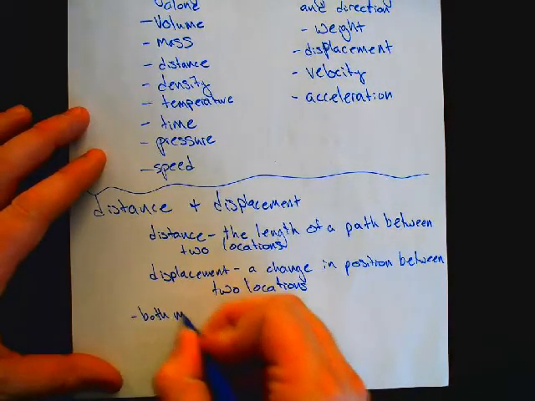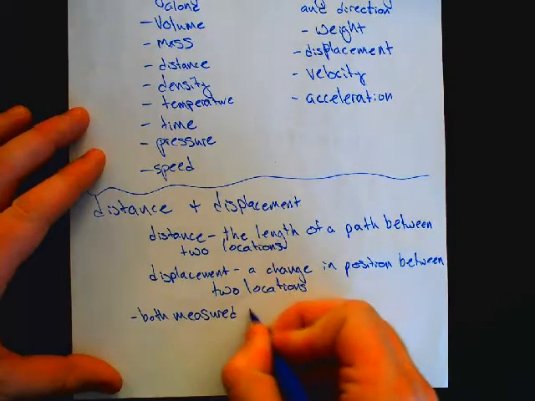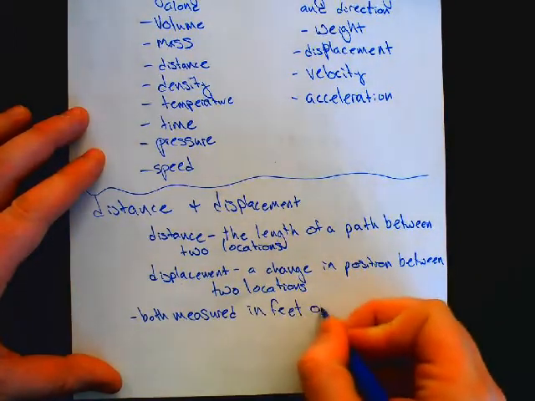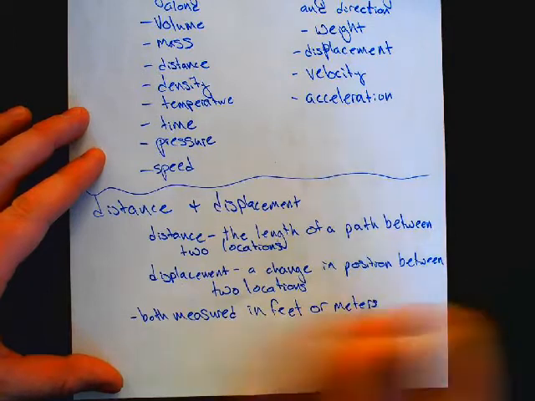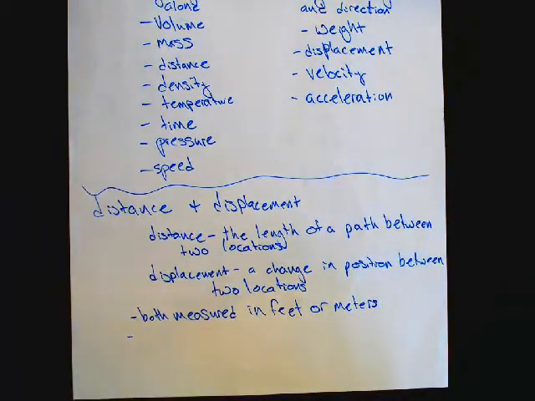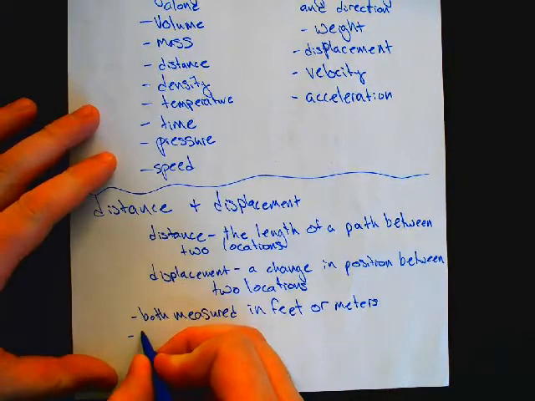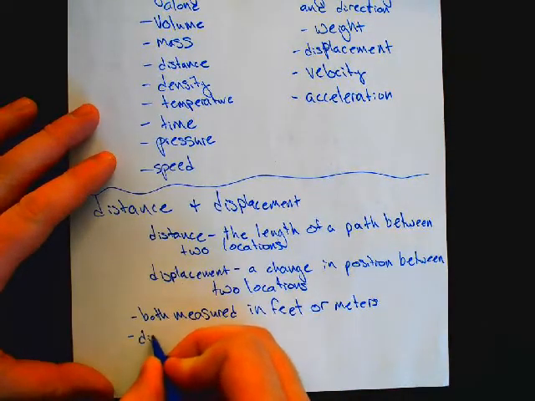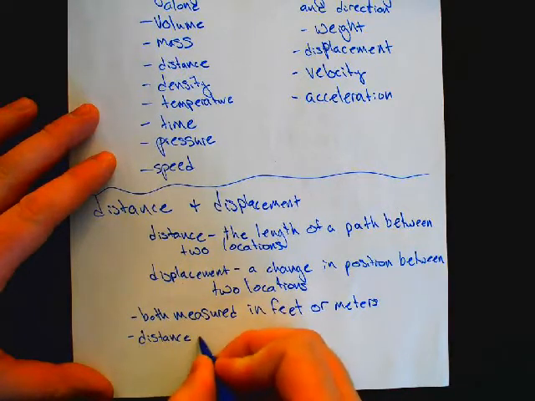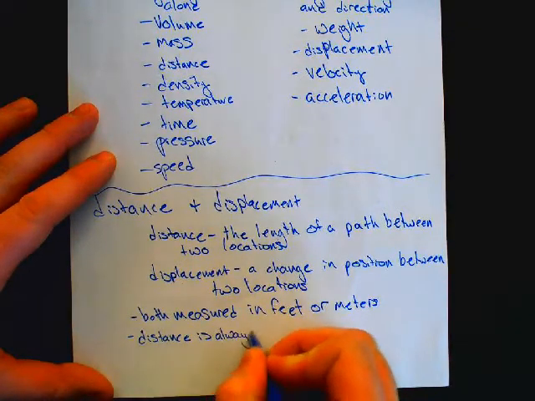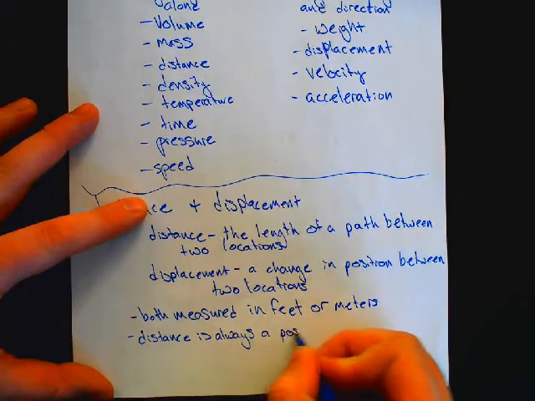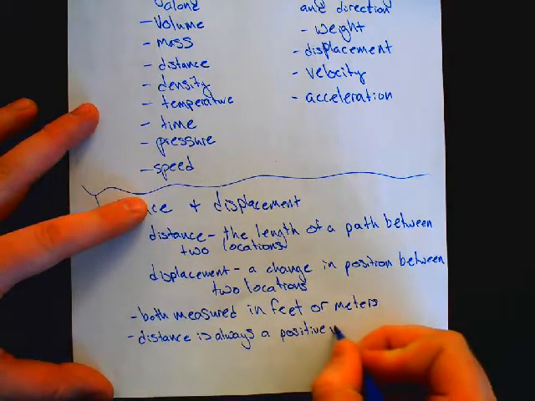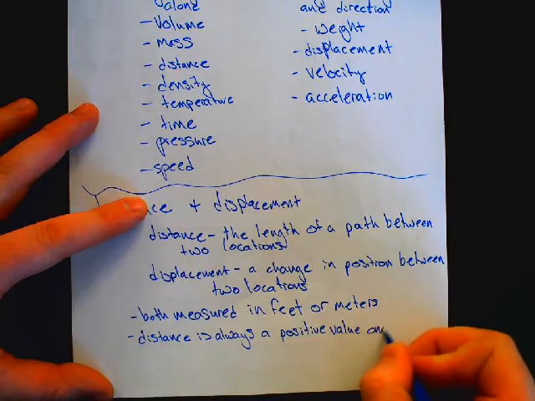The big difference is that distance, as soon as you've moved, is always a positive value, but displacement can be 0 even if you have moved, because you go back to the same spot. Distance is always a positive value once you have moved.